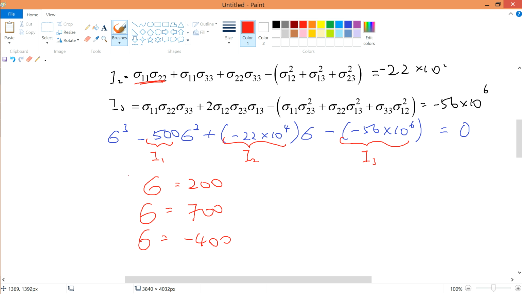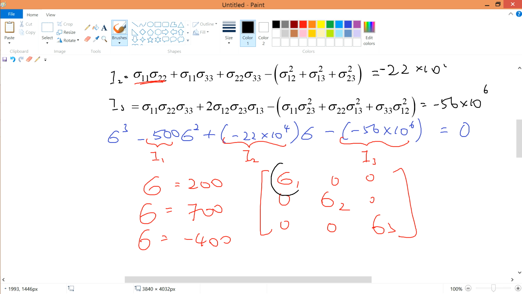Once we calculate it, we need to sort which one is 1, 2 and 3, because sigma 1, sigma 2 and sigma 3 are the principal stresses. Sigma 1 is the largest value and sigma 3 is the lowest, so this will be 700, 200 and minus 400.